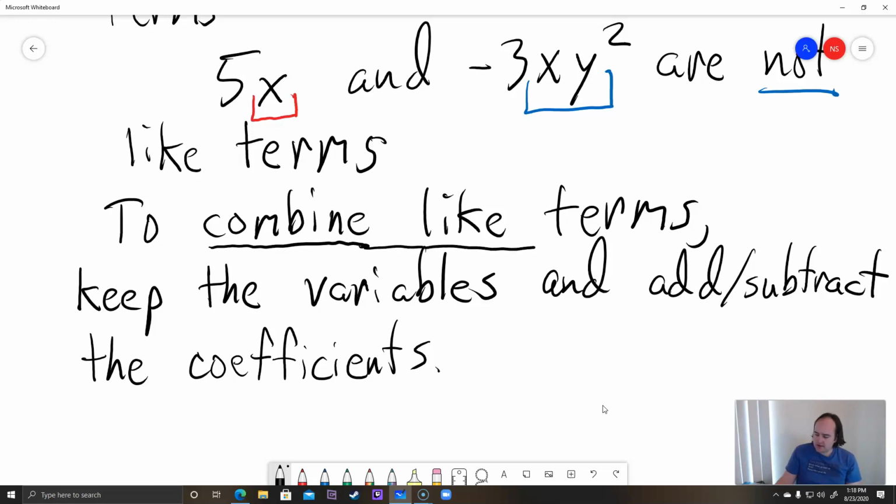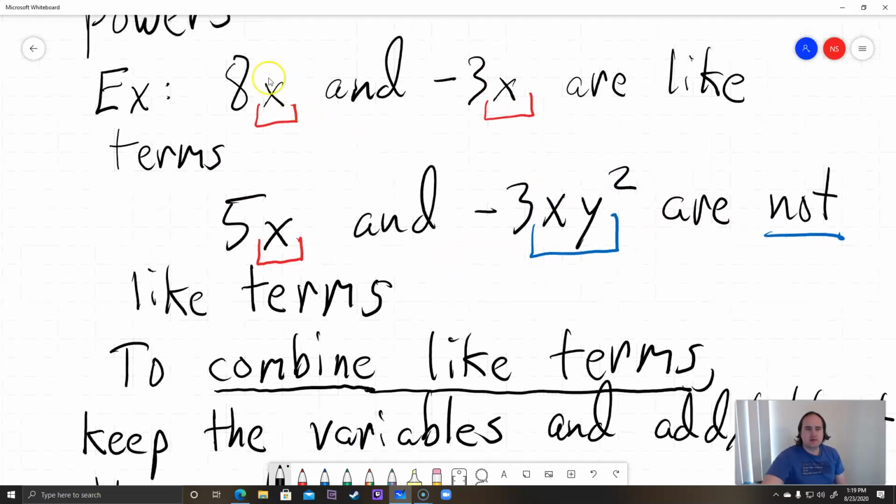So combining like terms is a very important process, which many of you have probably seen before in other classes. But we're talking about it again here just in case you don't remember it. So you keep the variables and you add or subtract the coefficients. And realize that the coefficients are actually the numbers in front of the variables. So for example, up in this example, the coefficient of x here was 8. The coefficient is the 8. And the other coefficient is this negative 3.